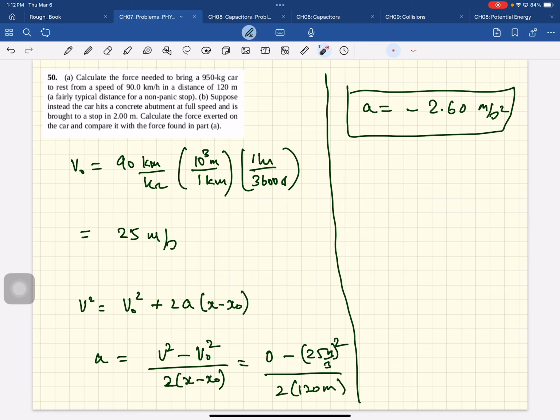Calculate the force needed. So the force needed is mass of the car times the acceleration. And we're calculating the magnitude of the force, mass times acceleration. And again, I'll write the acceleration as 2.6 into g divided by 9.8 meters per second squared.